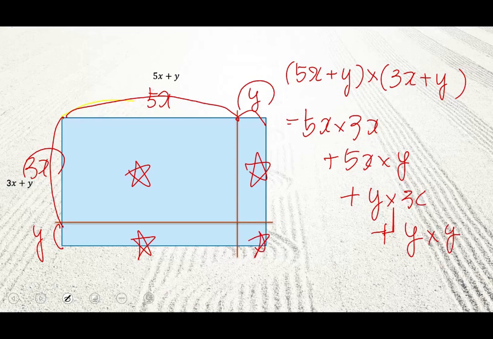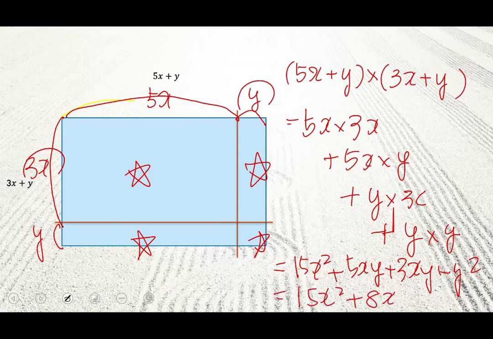So this is 15x squared plus 5xy plus 3xy plus y squared, equal to 15x squared plus 8xy plus y squared. So you learn this one. But this is exactly the same idea as 23 multiplied by 13, like this.